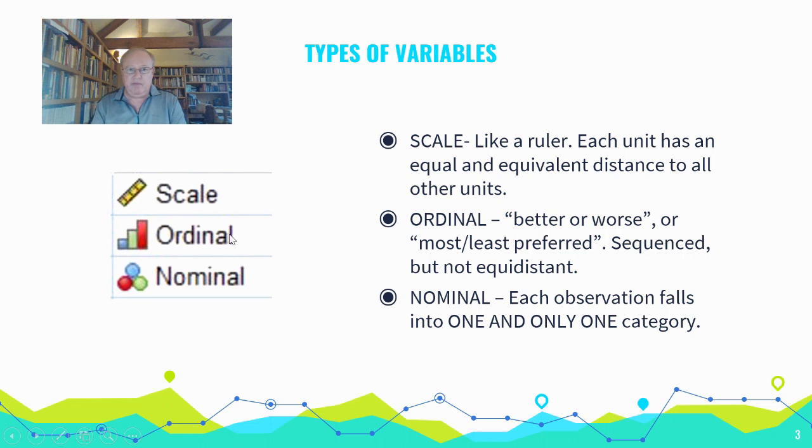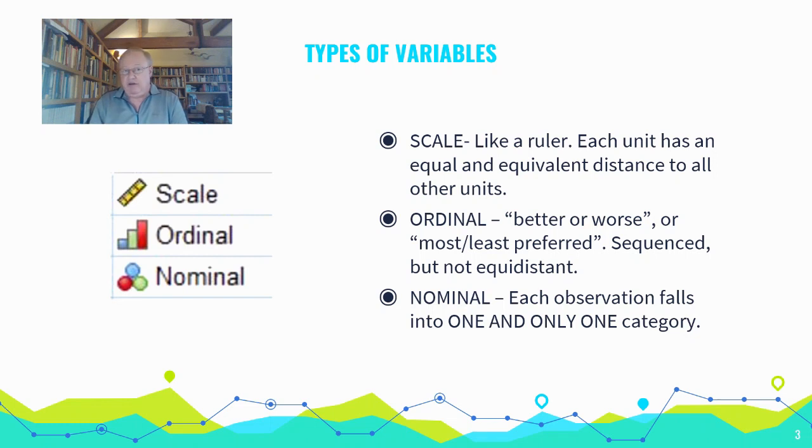So, first up, a scale variable means that we count things, and we count them as if it were a ruler, and that's why you can see here the image of a ruler. With a scale variable, we assume that, like a ruler, each unit has an equal interval, is equal to all other units, and that there is an equivalent distance between one unit and another.